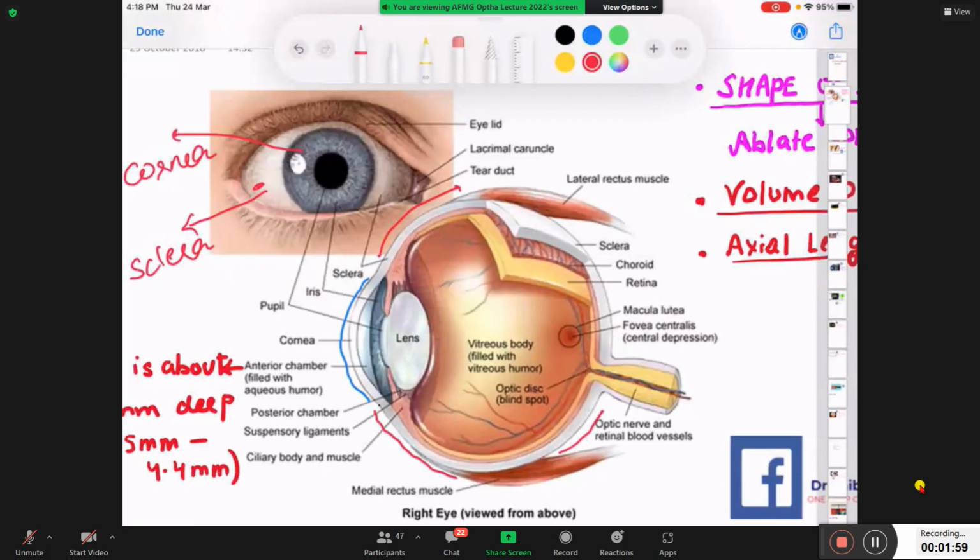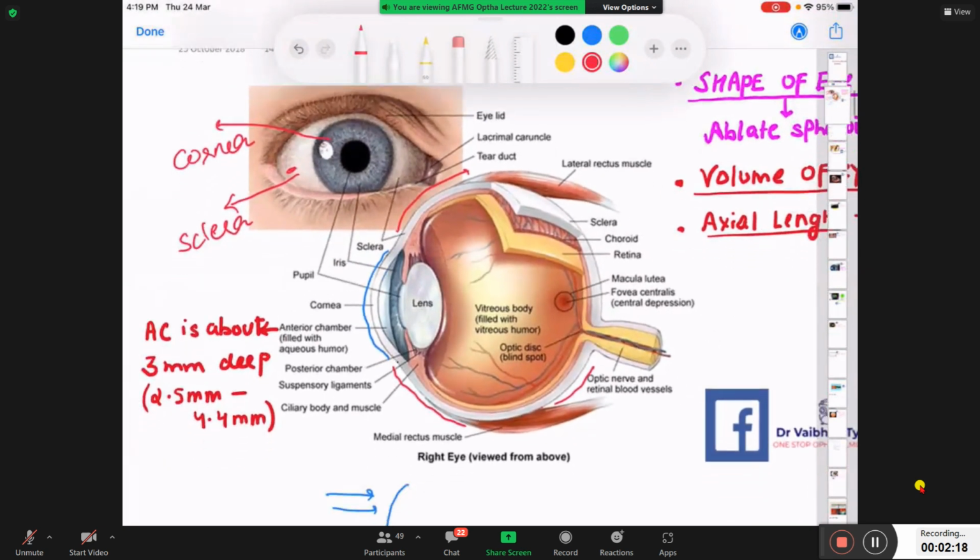Remember that sclera, this white part, is opaque, so light rays cannot pass through it. Whereas cornea is a transparent structure and light rays can pass through it. And this cornea takes part in refraction of your light. Are you getting me? Yes or no? Shall we move?